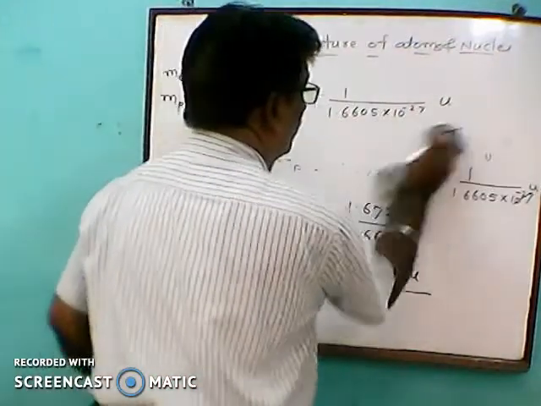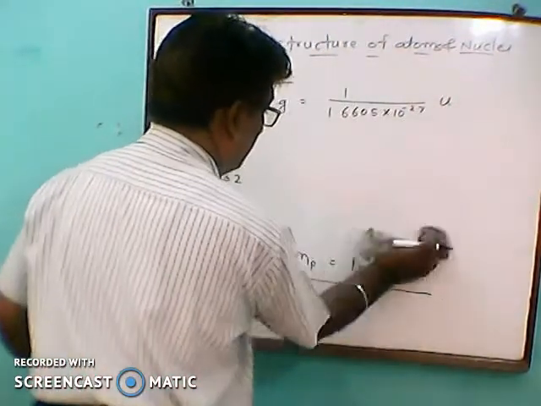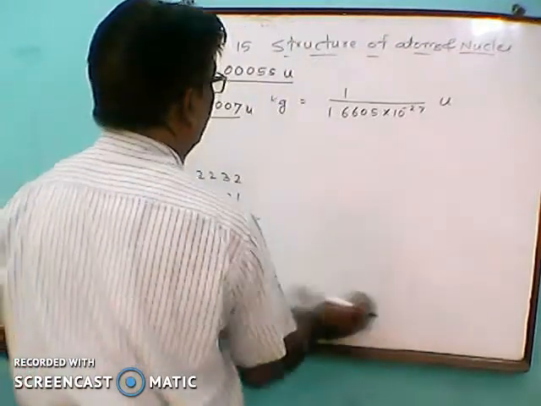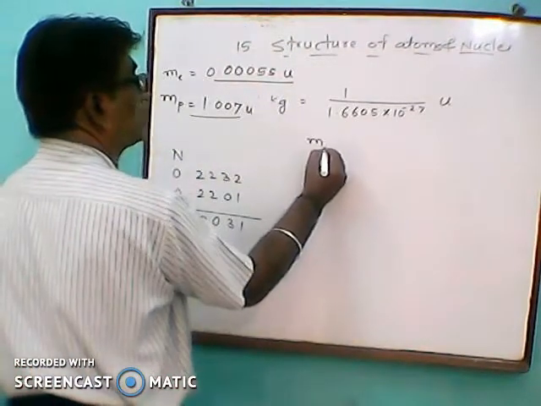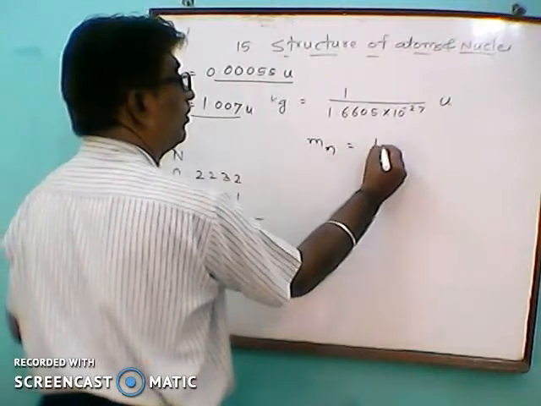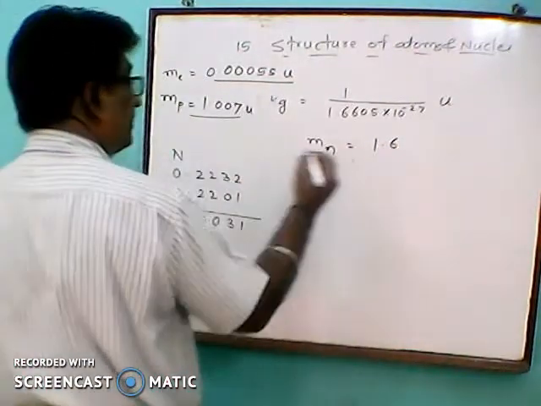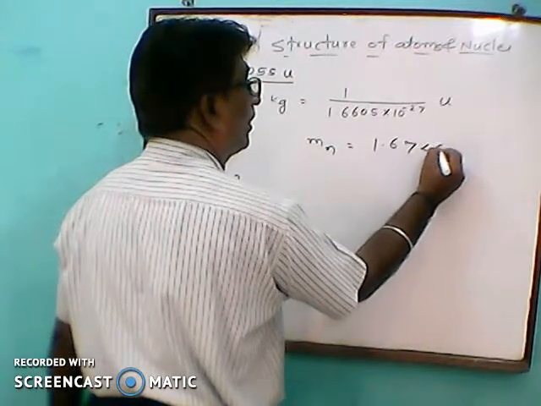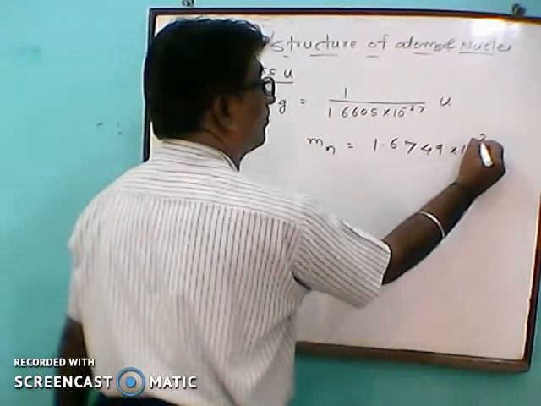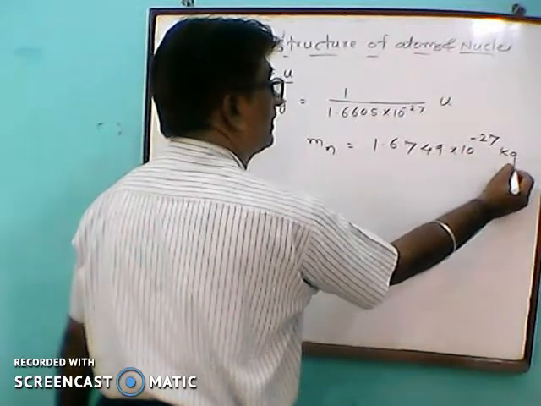Similarly for neutron, the mass of neutron is 1.6749 into 10 to the power minus 27 kg.